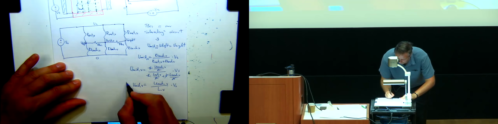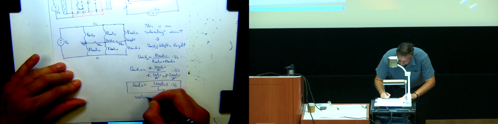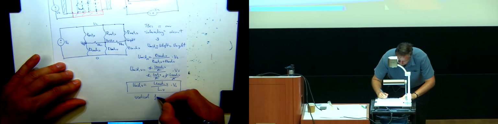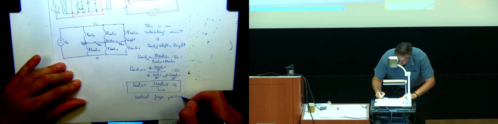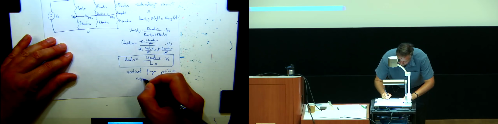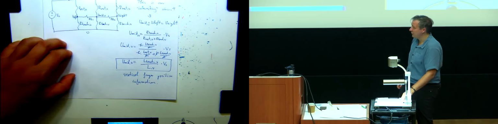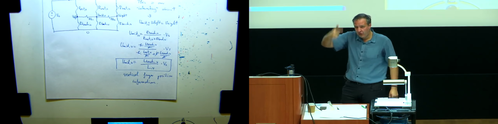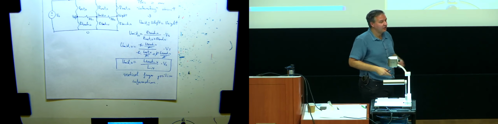Okay? So this is vertical. Right? This tells me where the finger is vertically on the screen. Does it tell me what's the horizontal position of the finger?